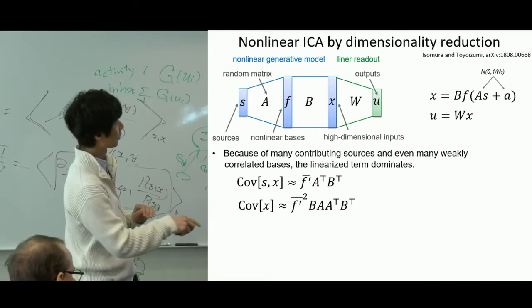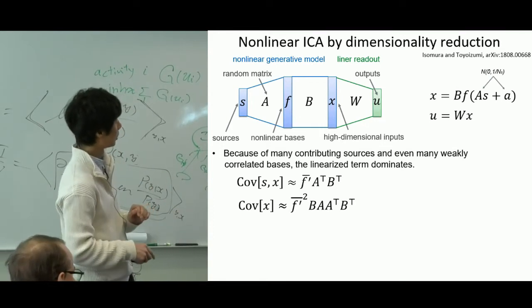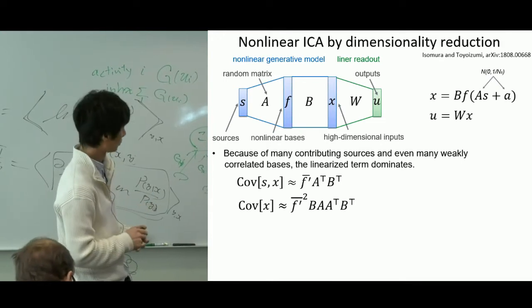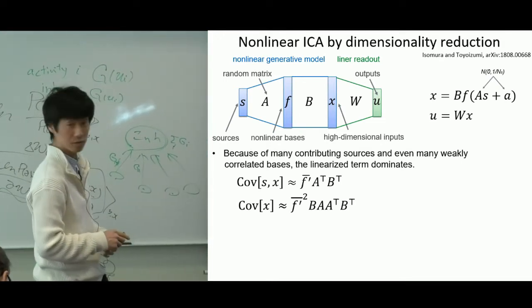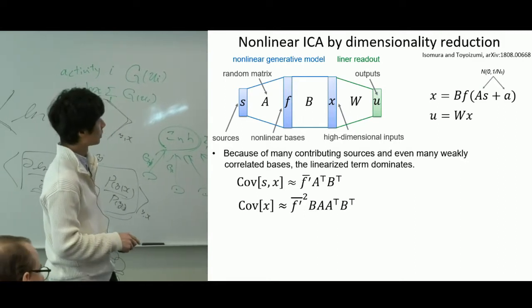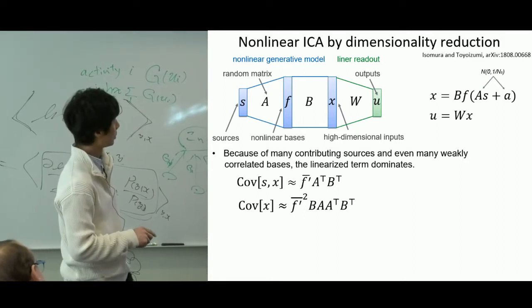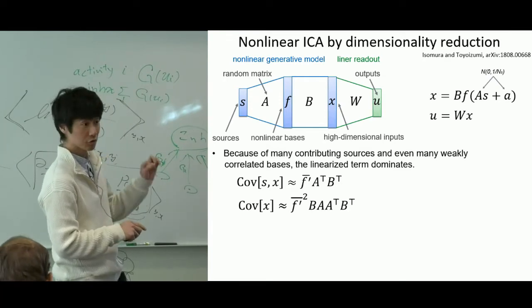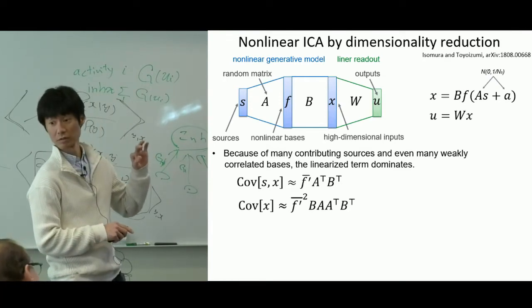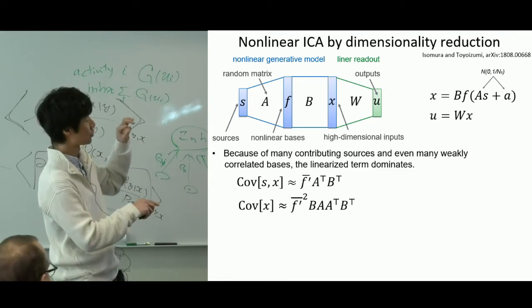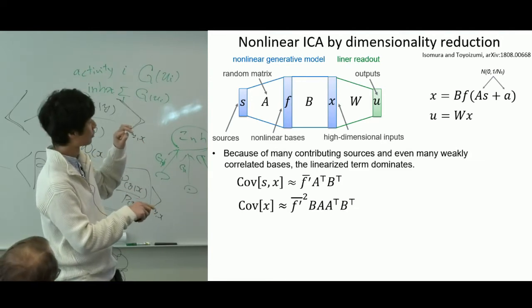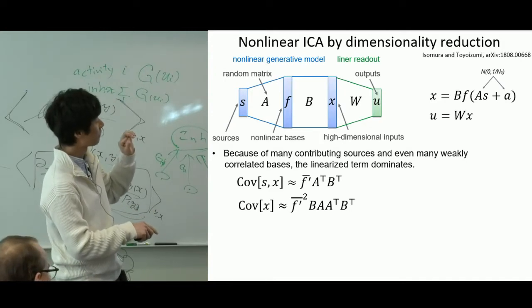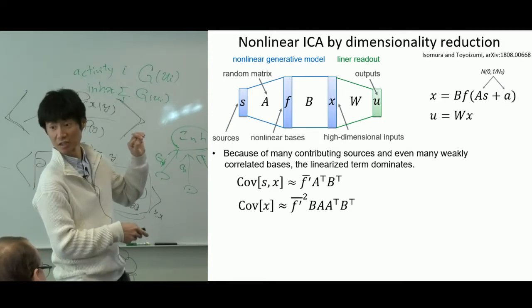The more technical derivations are here, but let me very intuitively explain how this is possible. First, there are multiple sources, and the contribution of each source is tiny. It's one source among many. So the contribution of one source is tiny, and that effect is effectively linearized.